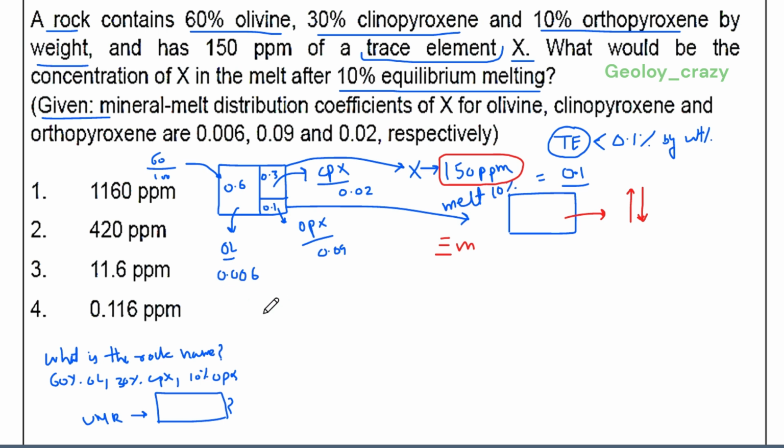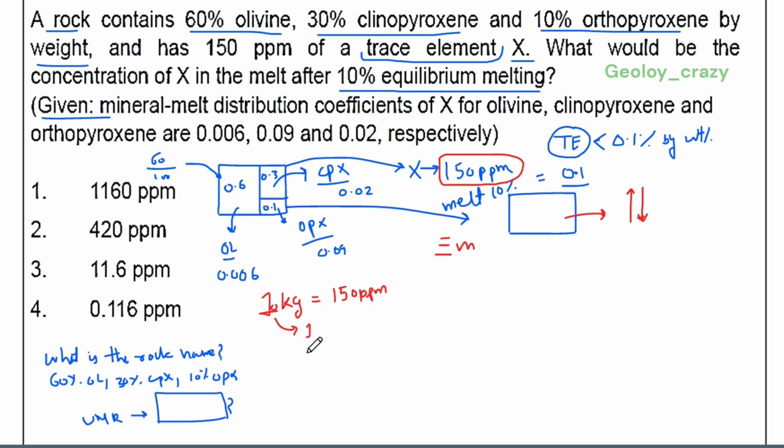Suppose we have 1 kg of this rock, for better understanding, and we are getting 150 ppm. Now I melt this. 10% means I will take 10 kg, so that we can calculate.